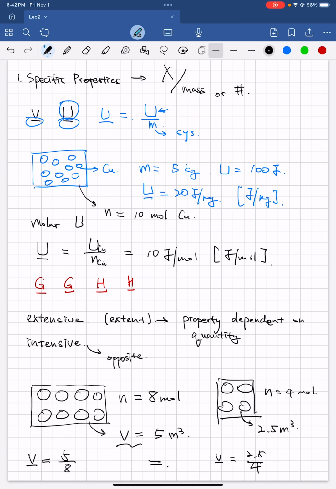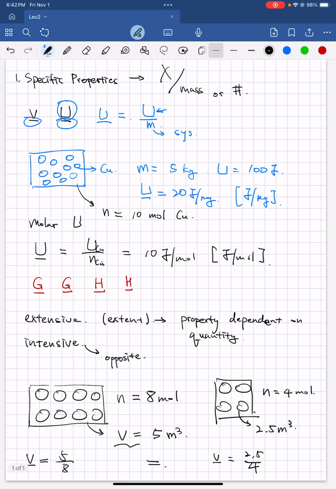So as you can see, volume is extensive property because the more copper there is, like when the number of copper is twofold, then the volume is also going to be twofold. So volume is dependent on the number of copper.